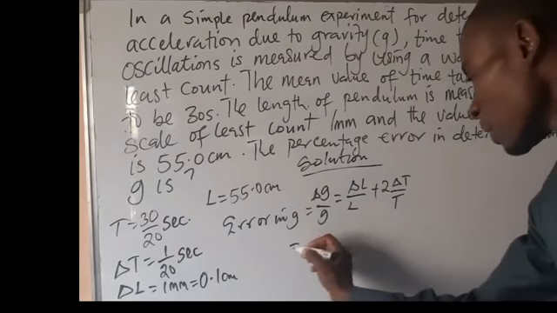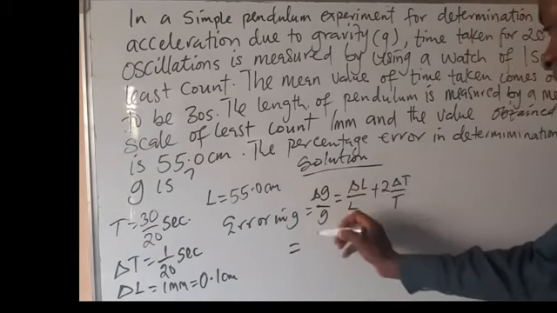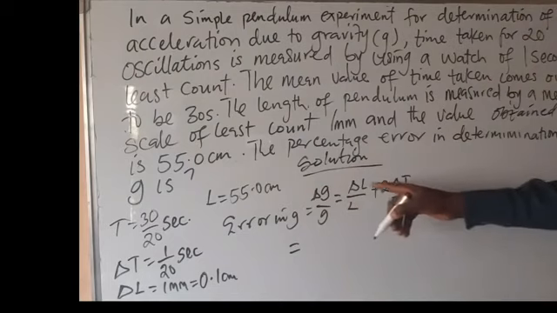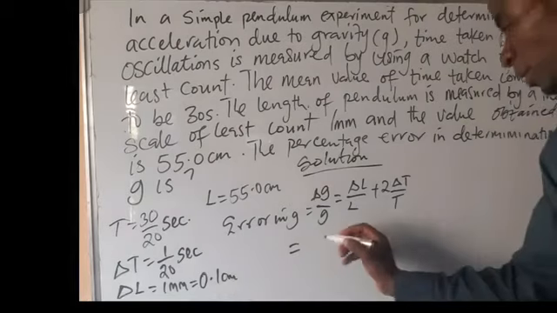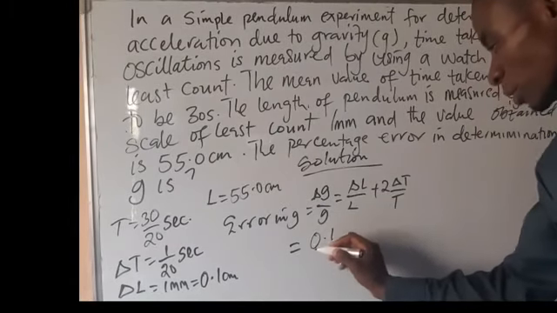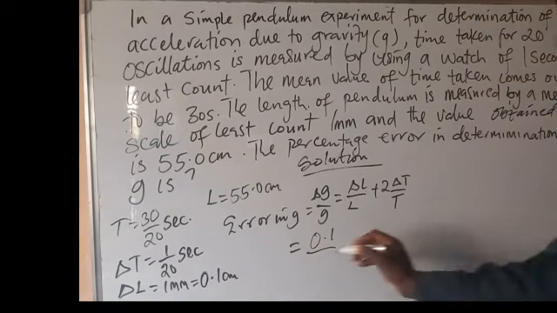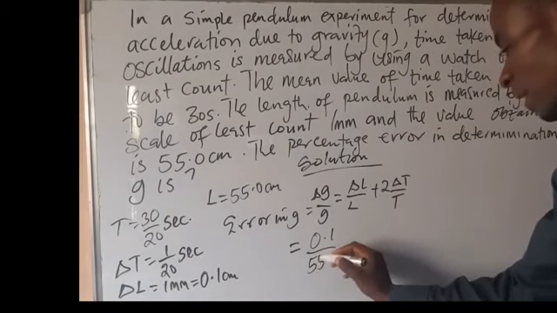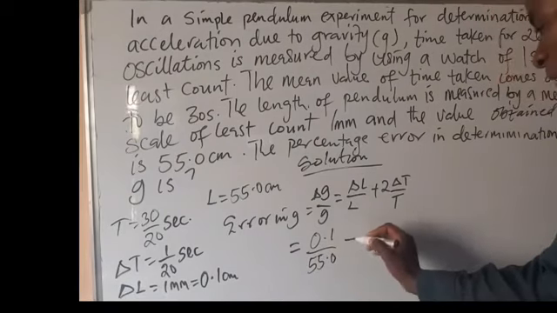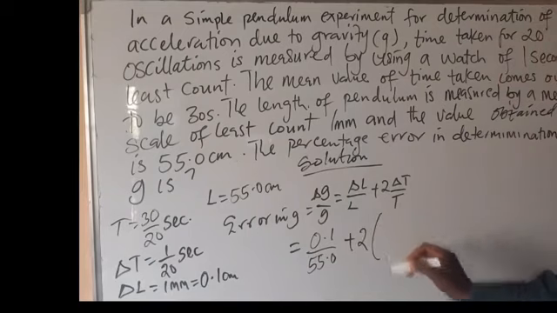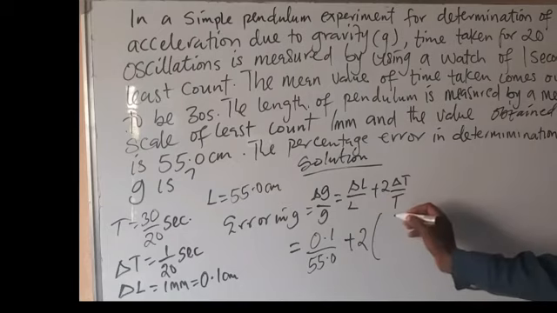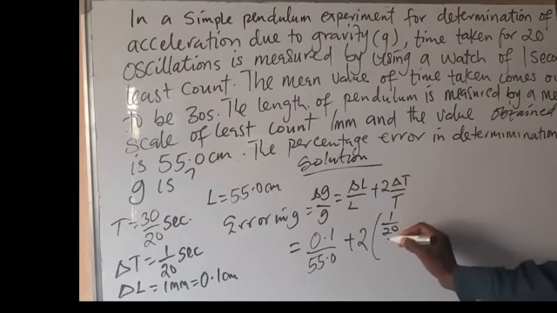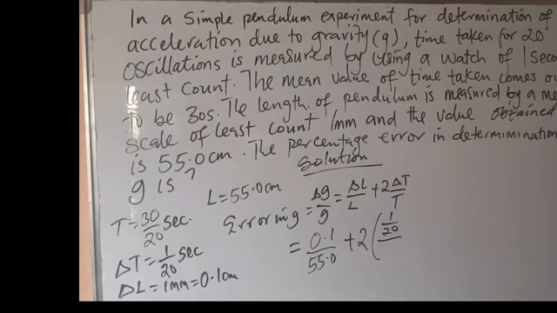So we bring down our equality sign. The change in L is 0.1, so we have 0.1 all over L, which is 55.0, plus 2 into the change in T, which is 1 over 20, all over T.